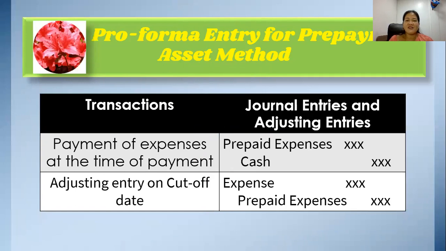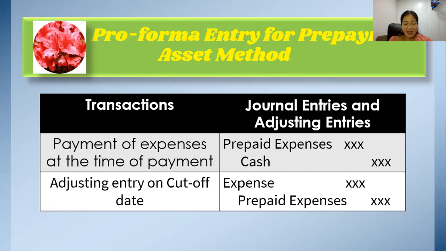So the pro forma entry for prepayment under the asset method, for the payment of expenses, you have prepaid expenses and credit to cash. So if you're going to compare it with the expense method, here it's a debit to an asset account, while under the expense method, it's a debit to an expense account.